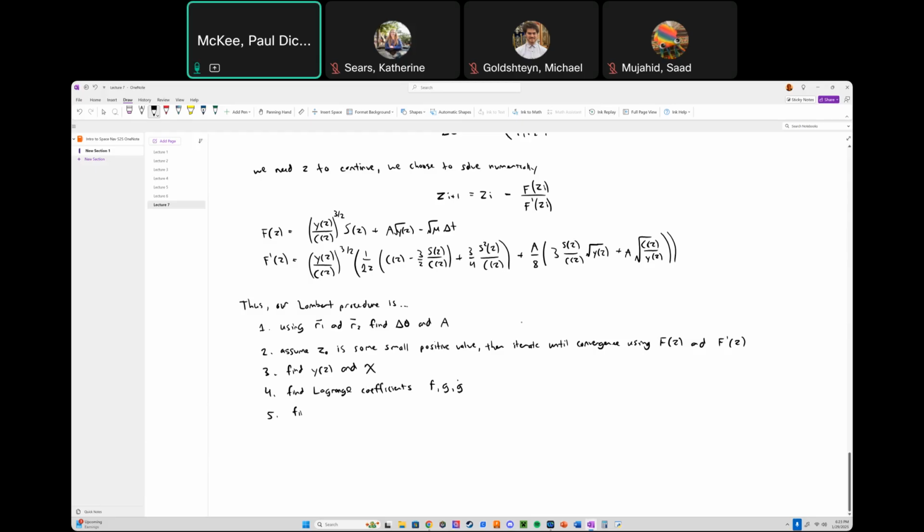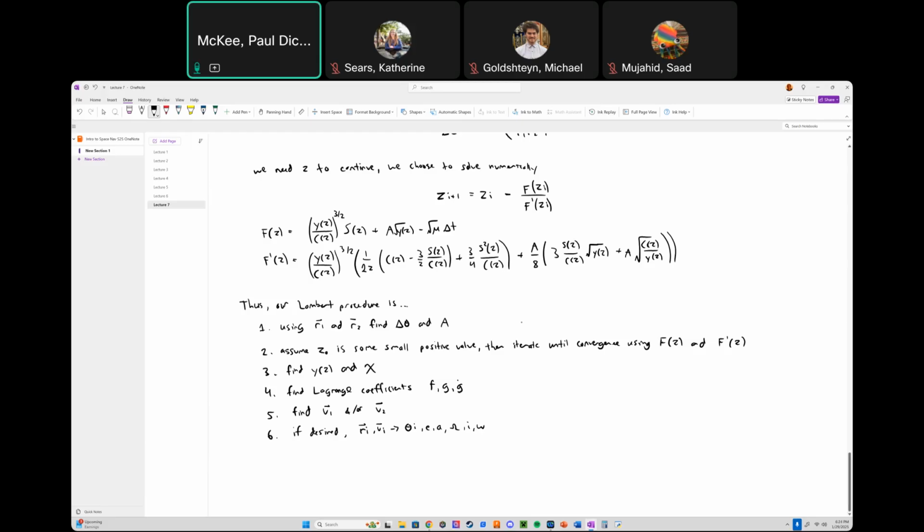And then we'll find V1 and or V2. Typically, we'll do V2. And then, if desired, R and V can be used to find theta, I, E, A, omega, and capital omega. That's it. That is Lambert's problem.